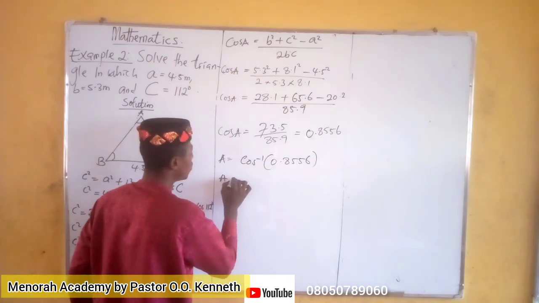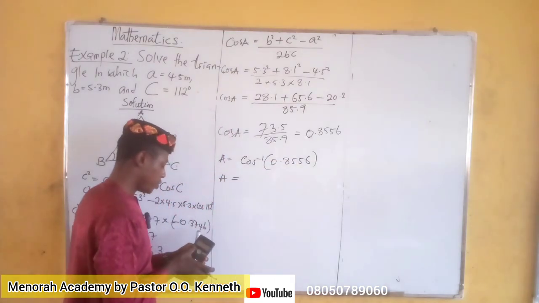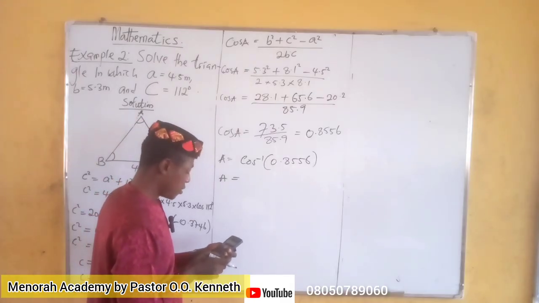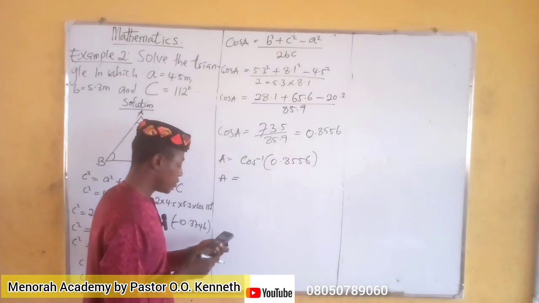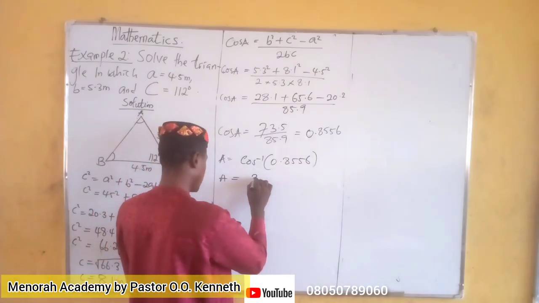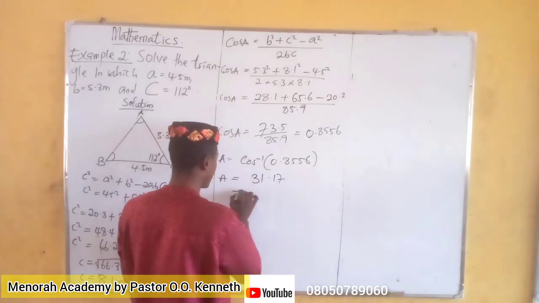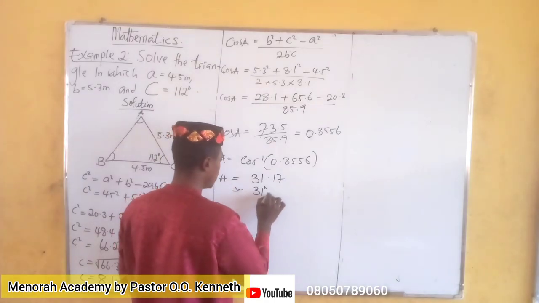Press your shift, press your cos, then we have 0.8556, and that is going to give me 31.17. So approximately it is going to give me 31 degrees.